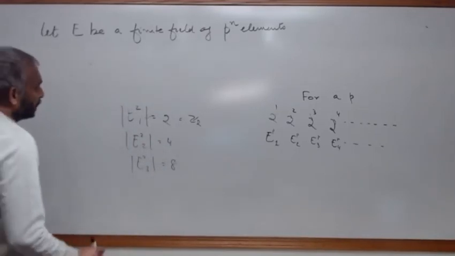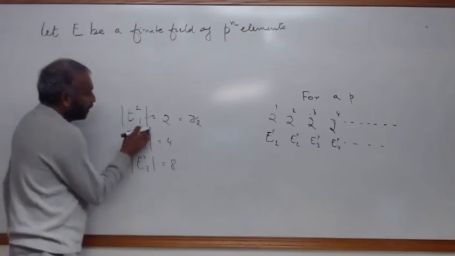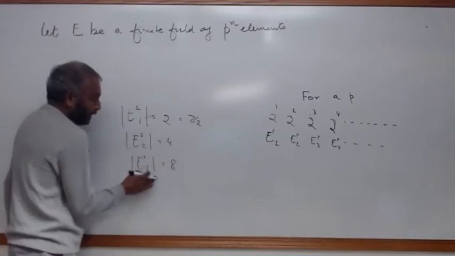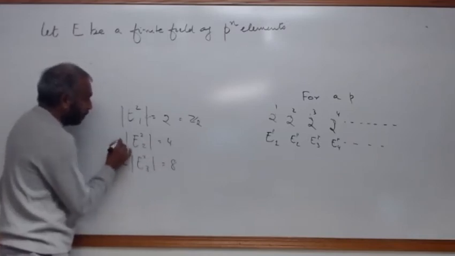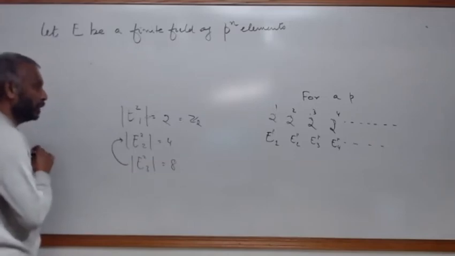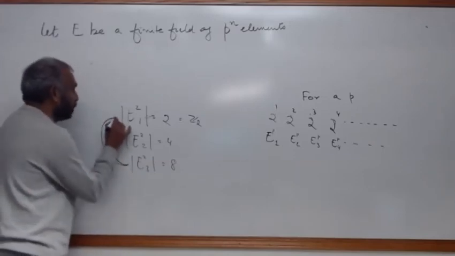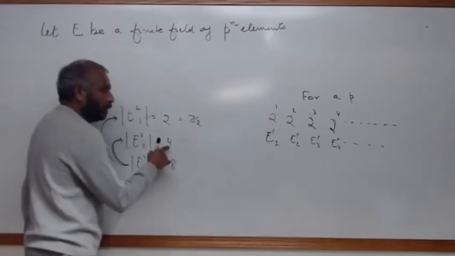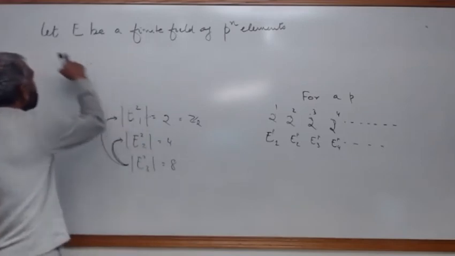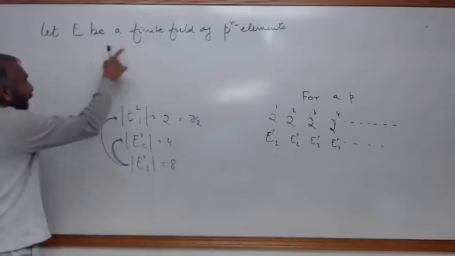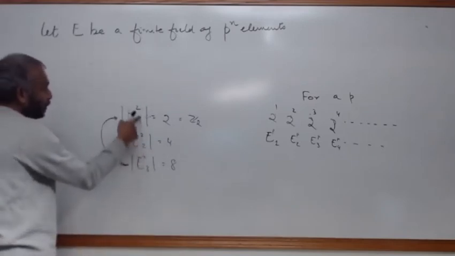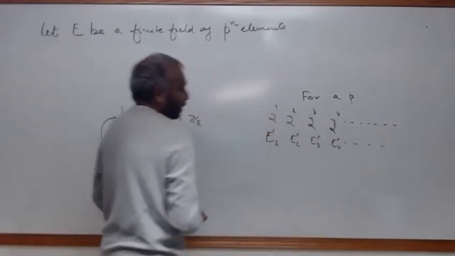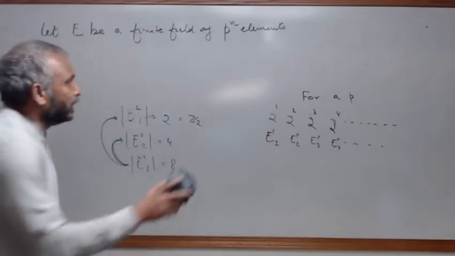But the question is, E2 contains 4 elements, E3 contains 8 elements, but E3 need not be an extension of E2. This is of course an extension of Zp, but it doesn't need to be an extension of this, though it has 8 elements and the other 4. So this problem shows a condition for which you will have a subfield of this order in this sequence.